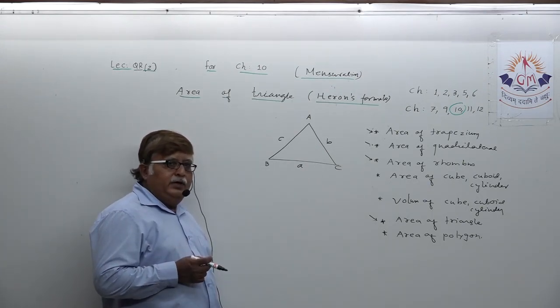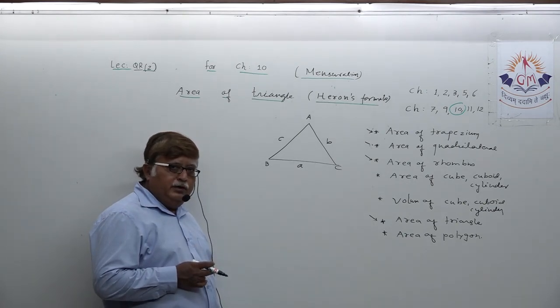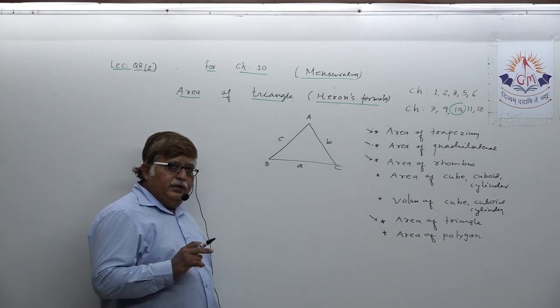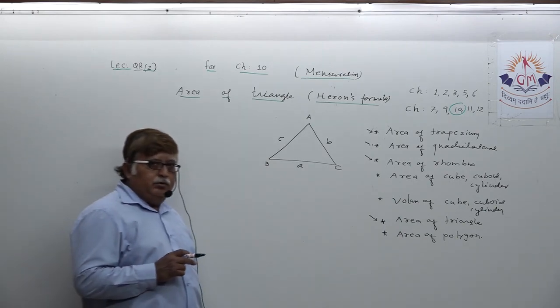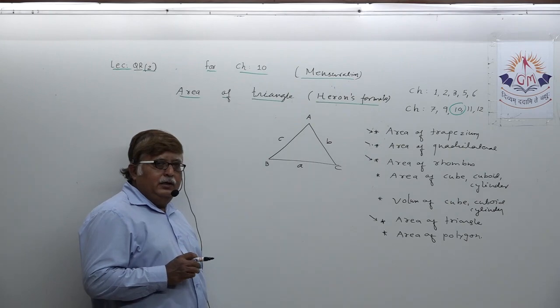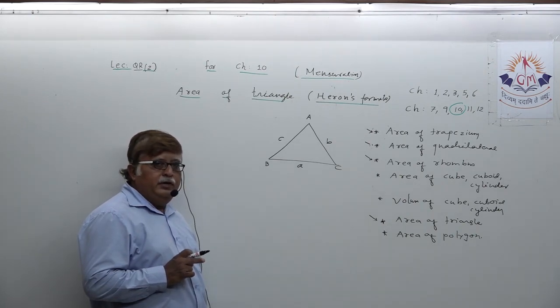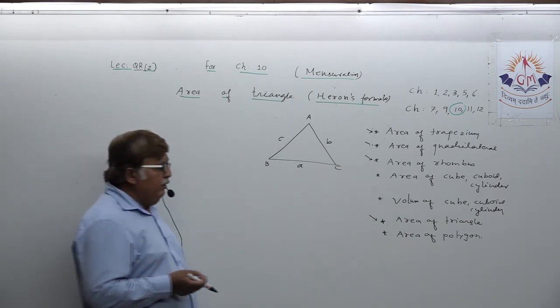like how to find area of trapezium, how to find area of quadrilateral, how to find area of rhombus. In the similar manner, if you know how to find area of triangle by Heron's formula, the basic requirement is that you should know the length of all three sides. Understand? Then you are able to find the area quite easily.